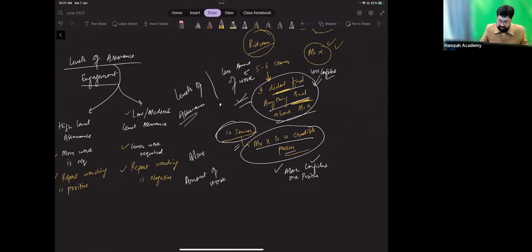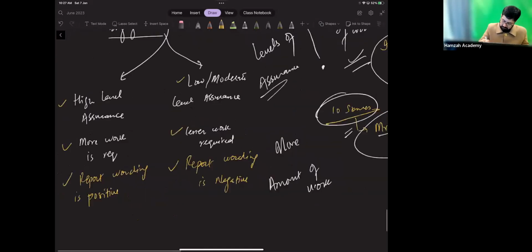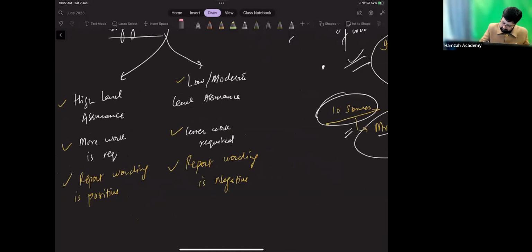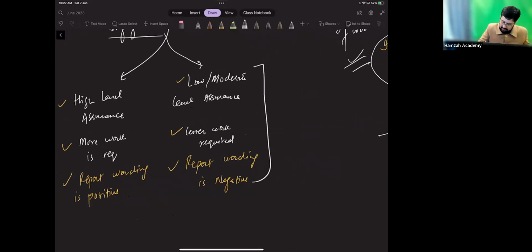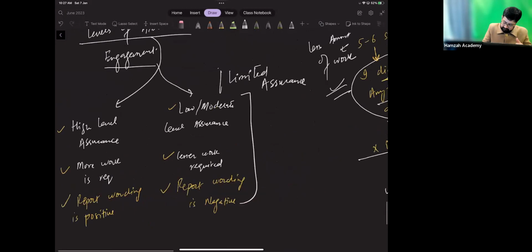Positive wording. So, yes, students, listen please. This is called limited assurance. This is called reasonable assurance.